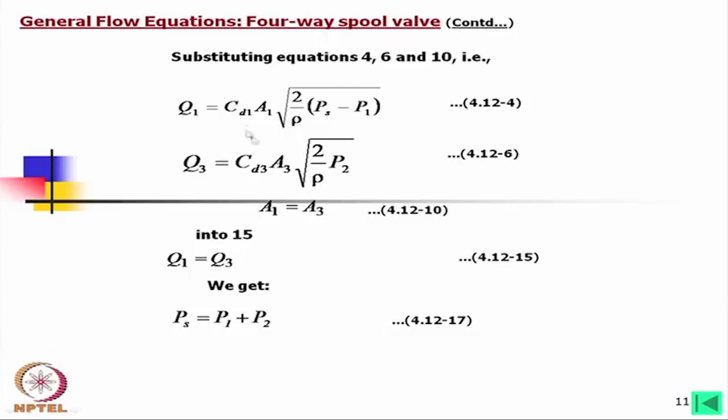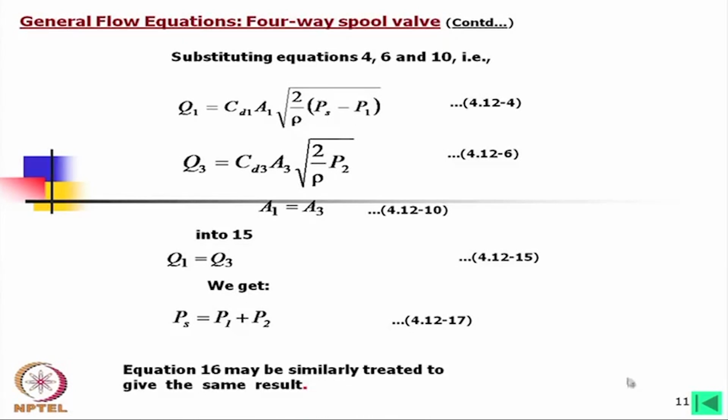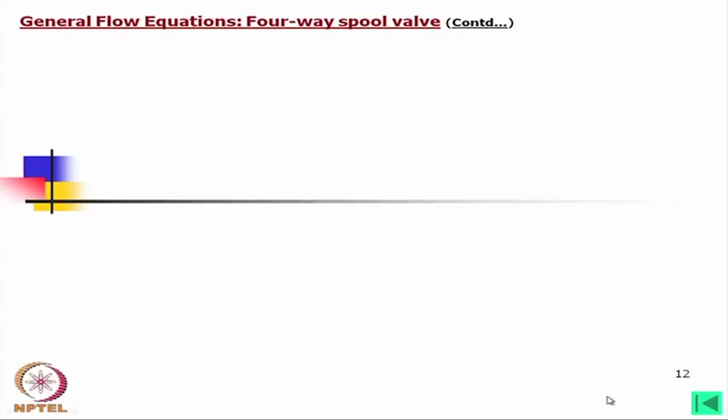Obviously, we have considered that the coefficients of discharge are equal, so they are cancelling, A1, A3 will also cancel. If we write like this, equal to this, then squaring, 2 by rho and all such things will go, and we will ultimately get PS is equal to P1 plus P2. And similarly, equation 16 also, from the other equation Q2 is equal to Q4, we will arrive at the same equation.